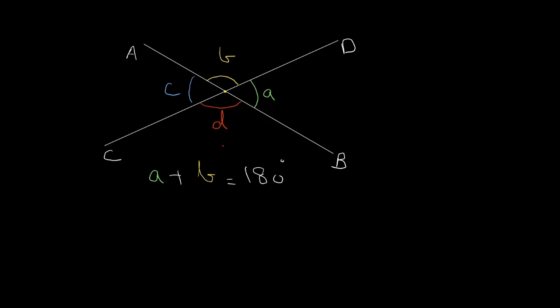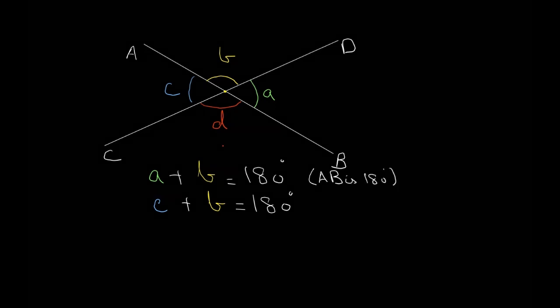So since CD is a straight line, we know that C plus B must also equal 180 degrees, right? So A plus B must equal 180 and C plus B must equal 180. This is because AB is straight, so it's 180 degrees, CD is a straight line, so it's also 180 degrees. And you use O as your place where you turn, right?